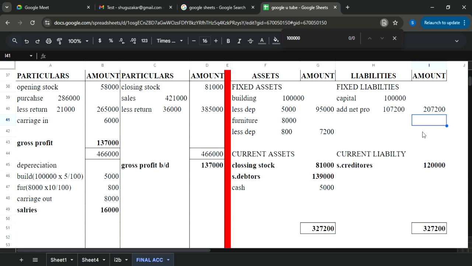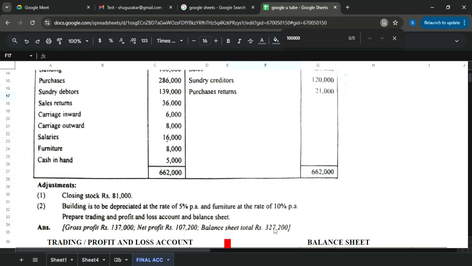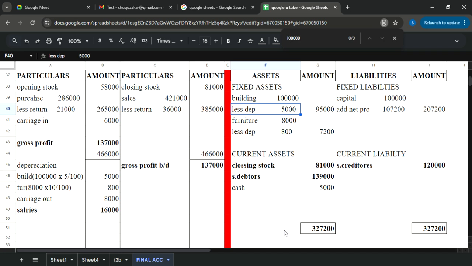There were only two amounts. Since this total was already formulated and Excel has helped us, total of asset side is automatically equal to 327,200, while our answer was 327,200. So in this way, all answers are matched and calculated.